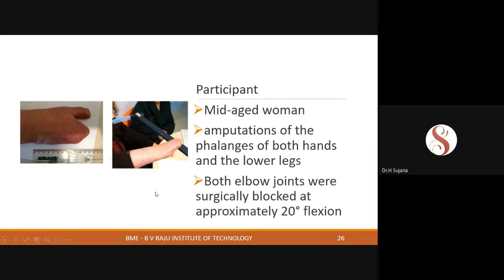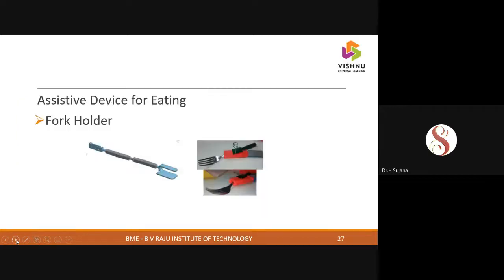So the researchers had the first meeting, where they understood the situation of the user, the participant. Then they asked what her first priority was. Her first priority was feeding herself, eating. So in the second meeting, they came up with a fork holder.